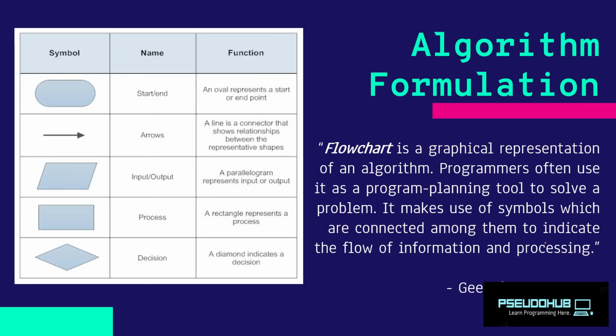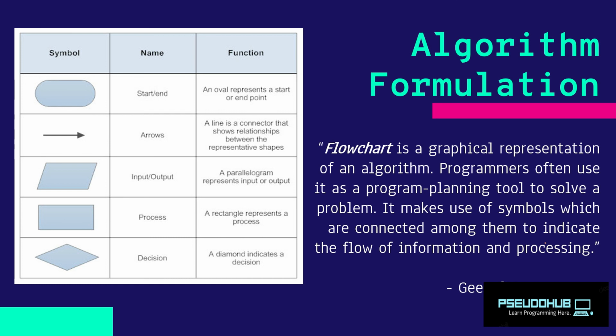Let's talk about flowcharting this time. In pseudocoding, we typed the algorithm using a text-based approach, we wrote it manually. When it comes to flowcharts, we'll be using a graphical interface instead to show the flow of information.